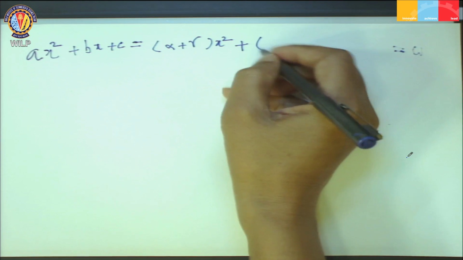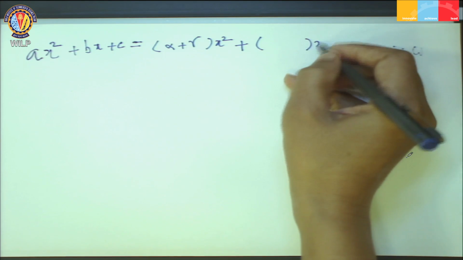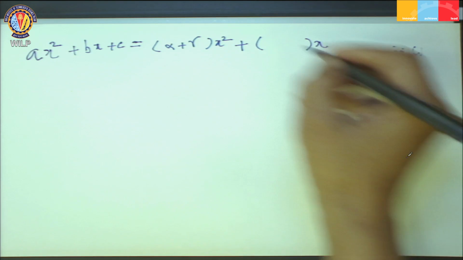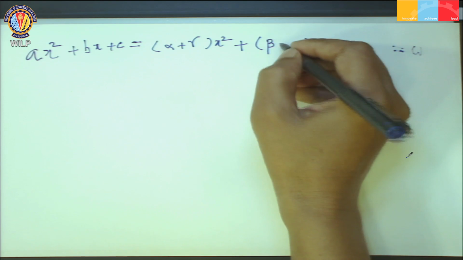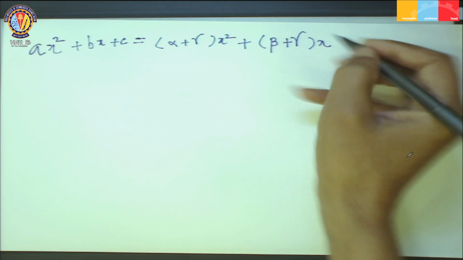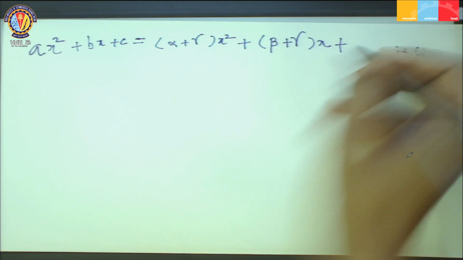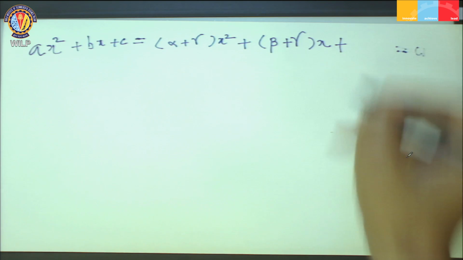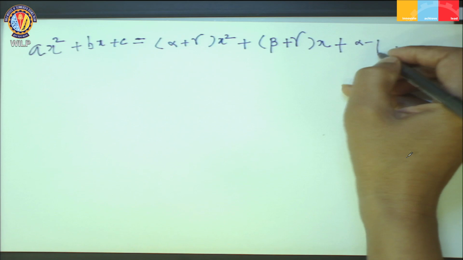Second term, if you look here, the coefficient of x you collect together is beta plus gamma. Then the constant term is alpha minus beta.